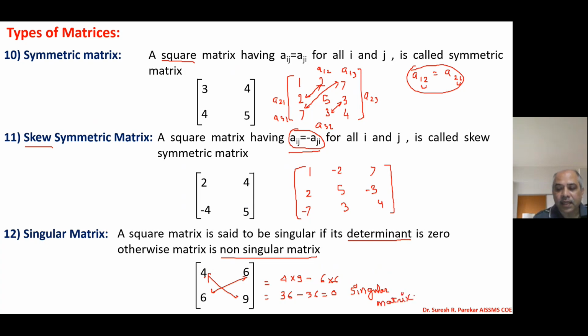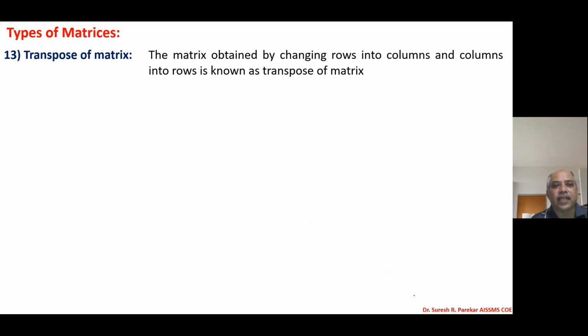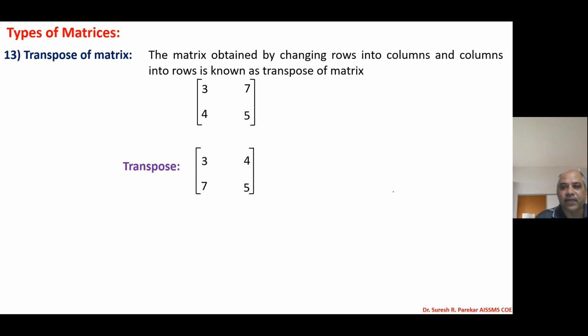Then we can have next the transpose of a matrix. The matrix obtained by changing rows into columns and columns into rows, we are going to say it as a transpose. You can see we have this 3, 4 and 7, 5. Likewise, if we consider a 3 by 3 matrix, we have 1, 5, 7, 9, 6, 3, 2, 4, 8.